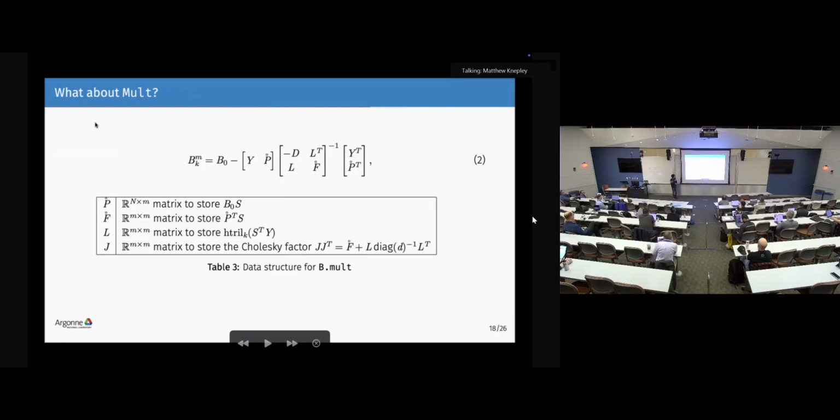But because of how the implementation is done, and also because it's small, let's say you are working over multiple GPUs, what we do is that only the rank 0 GPU will be doing the Cholesky, and then everyone else would just be using the rank 0 GPU's Cholesky factorization. So yeah, it's not that memory intensive because it's only about m by n size, but still you have to do Cholesky. So that would be the downside of MATMULT about dense BFGS.